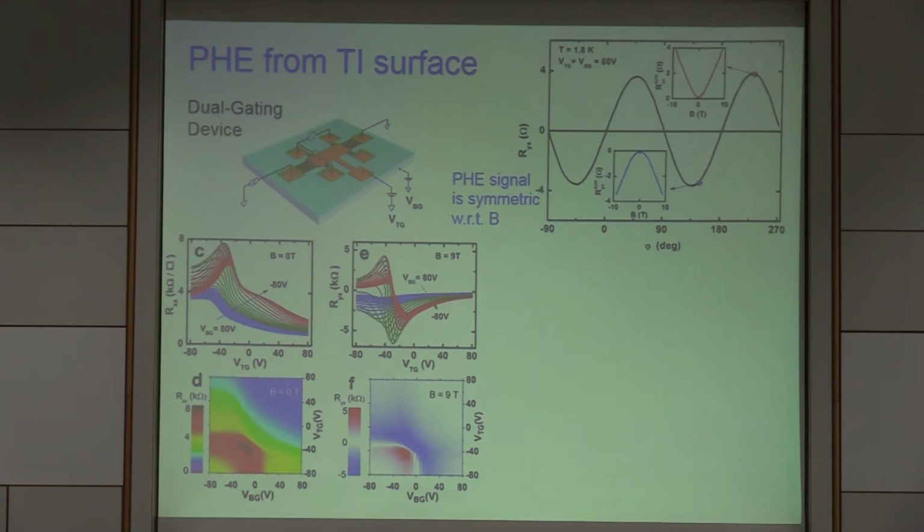And you can see when we tune both the chemical potential of the top surface and the bottom surface exactly at the Dirac point, then, for example, the Hall resistance shows a very sharp change from negative to positive, which means that the chemical potential is swept across the Dirac point at the top and the bottom surfaces simultaneously. And at the same time, we see a very sharp peak in the resistivity. This is also an indication that the carrier density goes through a minimum at a well-defined point.